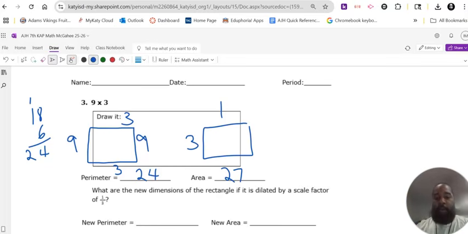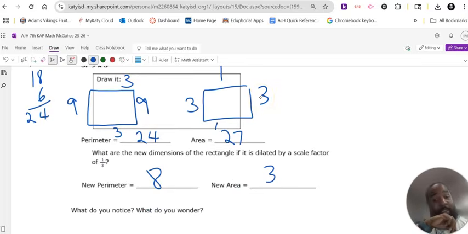Okay, so our perimeter would be 6 plus 2, which would be 8. Okay, and our area would be 3. So that's interesting too.